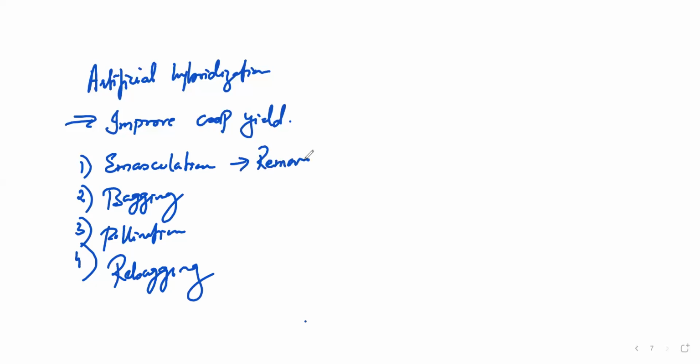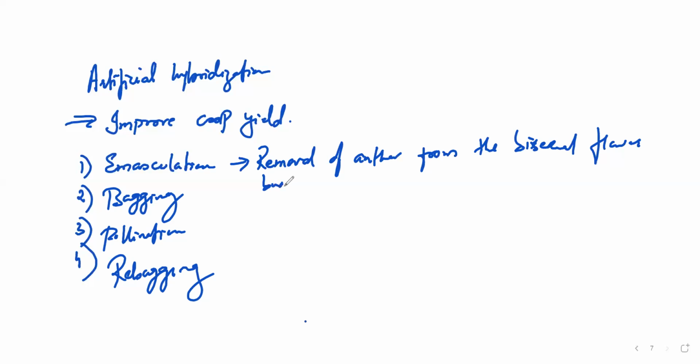Removal of anther from the bisexual flower bud of the female parent before anther dehiscence. Means before the anther releases or matures the pollen grains, the emasculation process should be done.